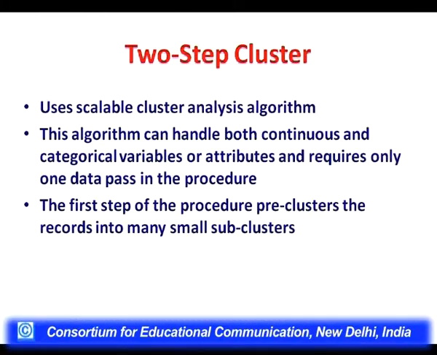Two-step cluster is a scalable cluster analysis algorithm, and this algorithm can handle both continuous and categorical variables or attributes and requires only one data pass in the procedure. The first step of the procedure pre-clusters the records into many small subclusters.